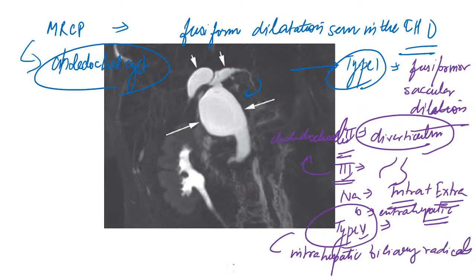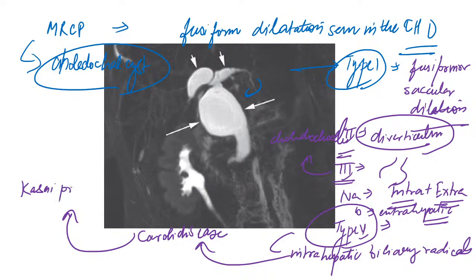And the case in which we are going to see dilatation of only the intrahepatic biliary radicals, guys, that will be a case of, anyone? That will be a case of Caroli's disease. And what is the surgery that we are going to do in Caroli's disease? It will be your Kasai procedure.